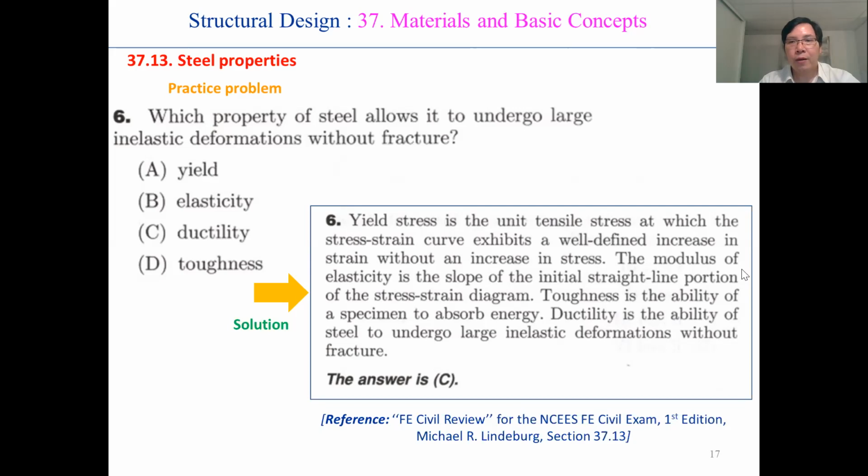And after, the modulus of elasticity is the slope of the initial straight-line portion of the stress-strain diagram. Toughness is the ability of a specimen to absorb energy.